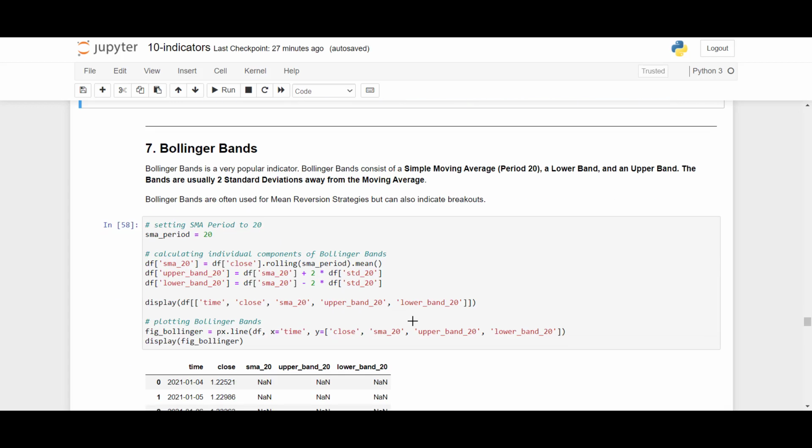So now that we've calculated the standard deviation, we can go to Bollinger Bands, because Bollinger Bands are basically made of standard deviations. The Bollinger Bands consist of a simple moving average, usually period 20, a lower band and an upper band.